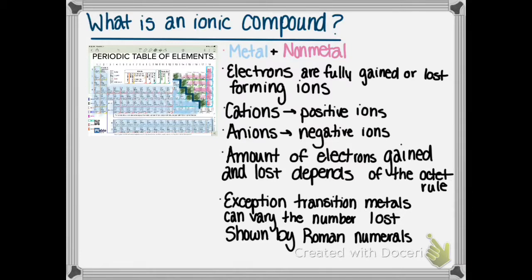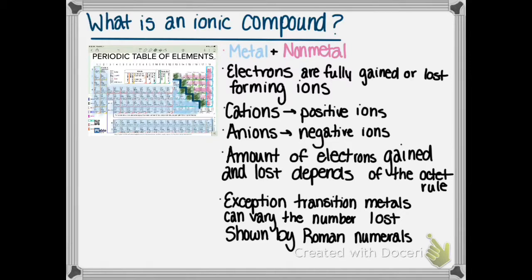If you're still struggling with that, please reach out to your teacher. That's one of the keys that will make it really easy for you to do all parts of this unit. If you're still struggling with the number of valence electrons for each element, or whether they gain or lose, please reach out to your teachers.